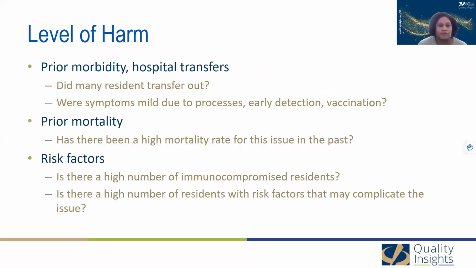If you have a process of early detection and your vaccination rates are high, that would impact the level of harm. Also, prior mortality. Has there been a high mortality rate for this issue in the past? And other risk factors. Are there a high number of immunocompromised residents at your facility? Is there a high number of residents with risk factors that might complicate the issue?